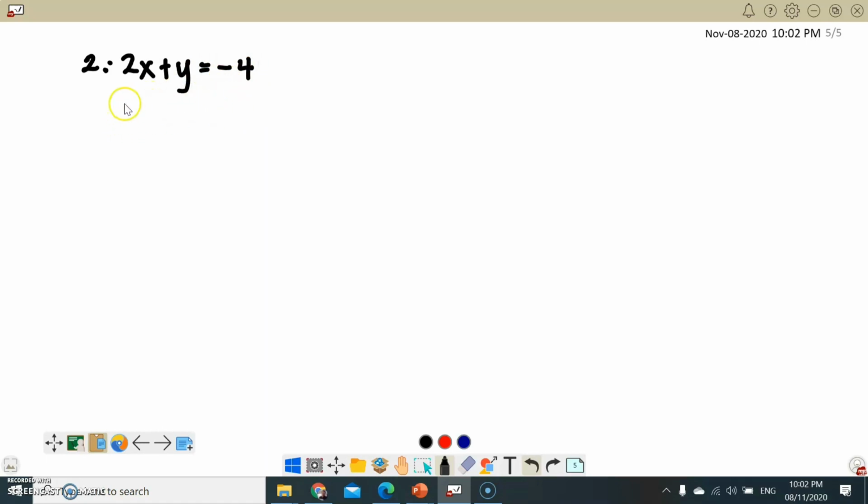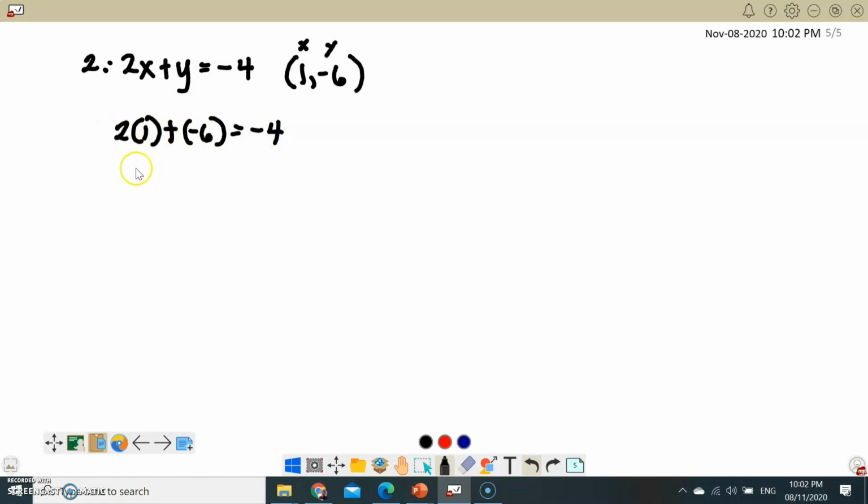Let us determine if 1, negative 6 is a solution to the linear equation. So remember, the first number here is the value of x, or the second number, negative 6 here, is the value of y. So 2 multiplied by 1 plus negative 6 is equal to negative 4.